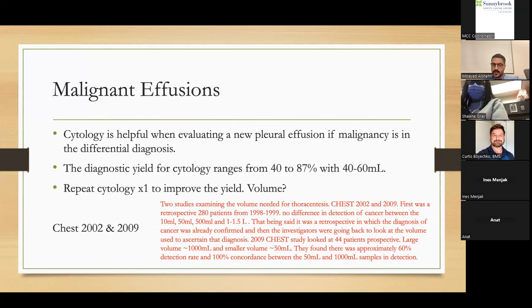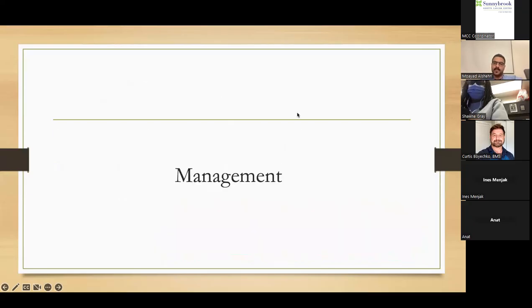That being said, it was retrospective, so they looked at people who already had cancer in their fluid and looked back. Then subsequently in Chest as well, in 2009, there is a small cohort, only 44 patients, that they looked at prospectively, comparing 50 ml versus 1,000. They found that the yield is concordant, and there is no difference between doing 50 and 1,000. That being said, the sample size again is small. It's important to note that when we do the thoracentesis, we have this volume, and we send it anyway because it's going to the garbage. So might as well just send it, even though the evidence is not very suggestive.